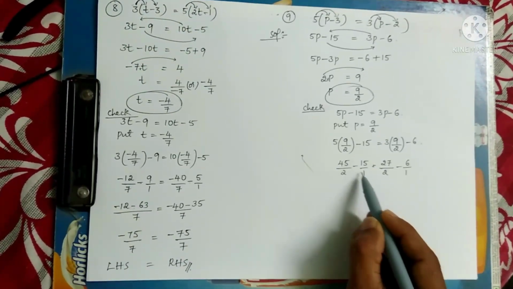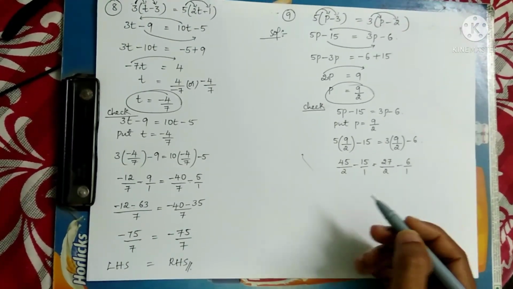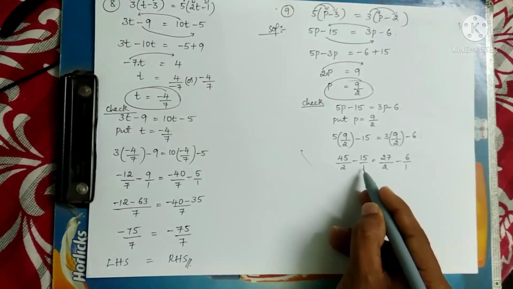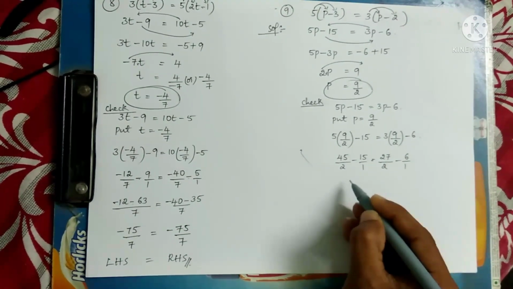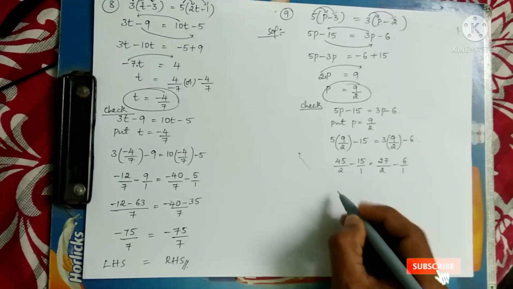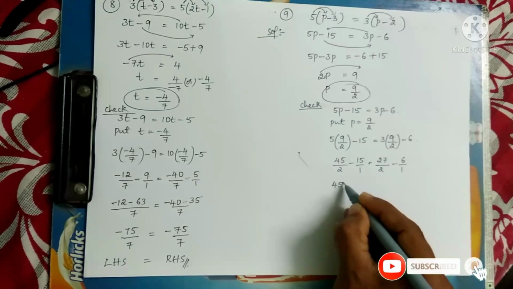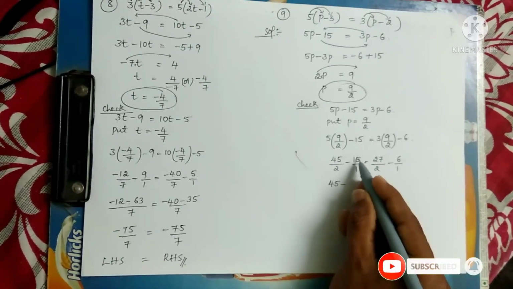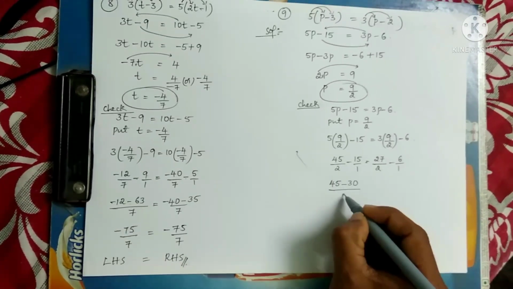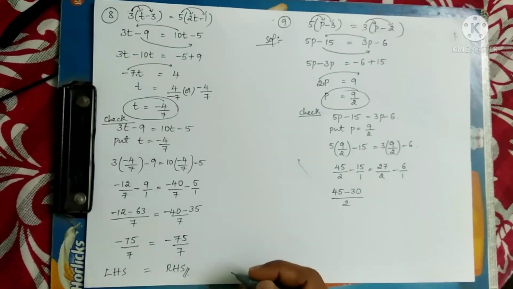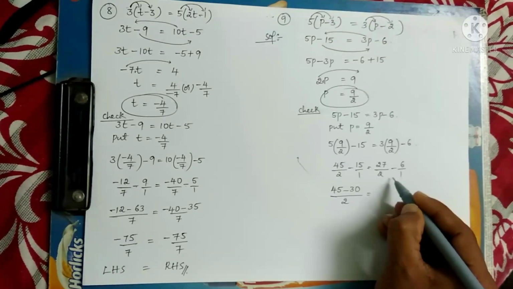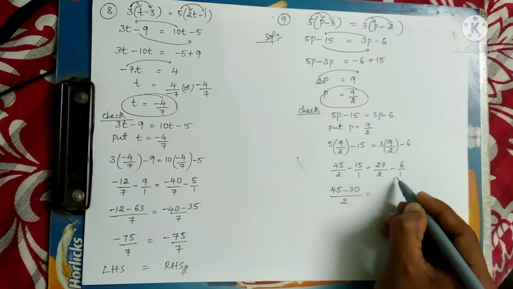So we can cross multiply this, or by taking LCM 2 we can multiply 45 by 2 into 2 minus 15 by 1 into 2 divided by 2. 45 into 1 is 45 minus 15 2s are 30 divided by LCM 2, which is equals to, so again here on RHS the LCM is 2.